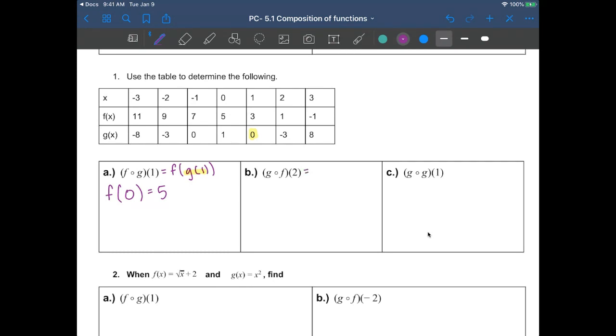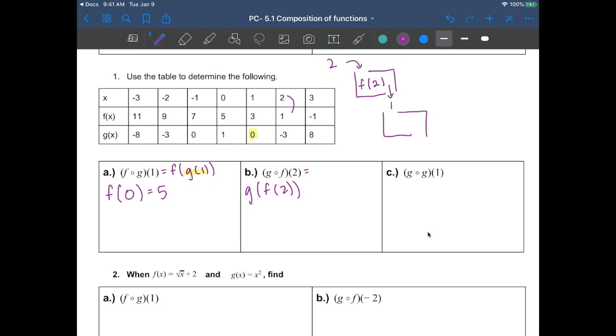So next, g of f of 2. This time I'm going to draw the machine. We're going to plug 2 into the first machine, and then plug the result into the second machine. We're going to plug it into f. So f of 2 is 1.